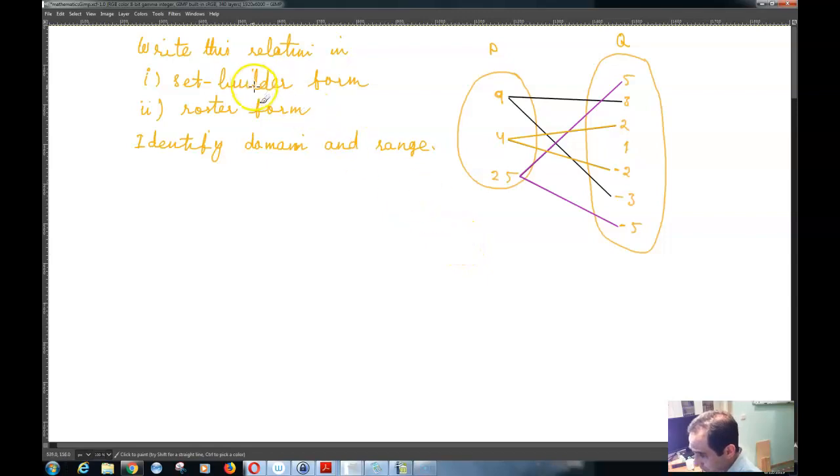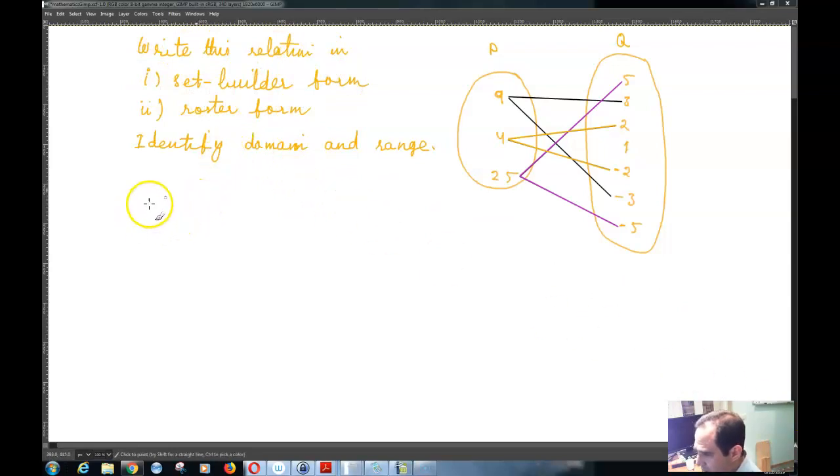So in roster form, basically it's usually easier to first write your relation in roster form to see what's going on, and then you can write the same thing in set builder form.